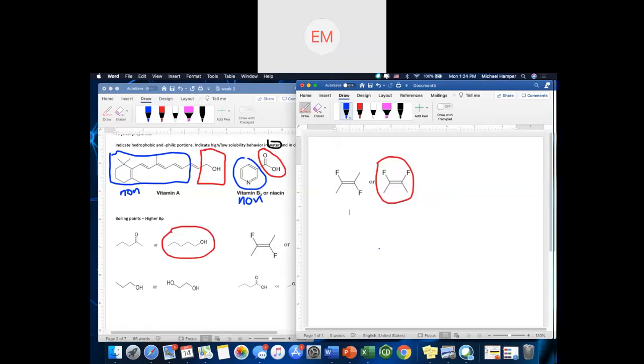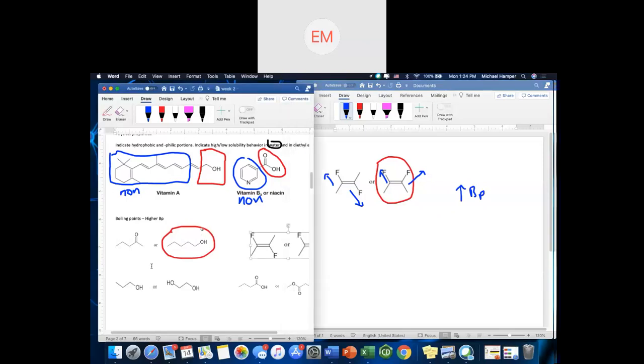She's here. Okay. Anyways, so yes, this one will have a higher boiling point because of the increase in dipole. The dipole in this one simply cancels out. So the more of a dipole that you have, the higher the boiling point.